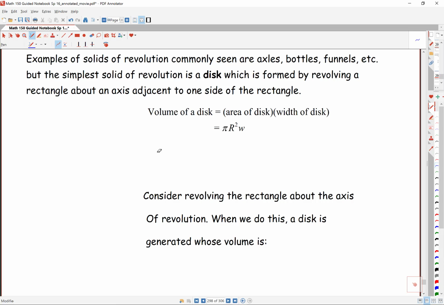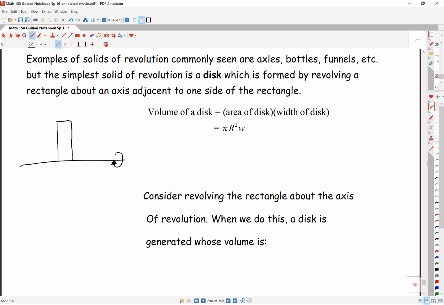All right, so here we go. Let's say that we have some sort of axis that we're revolving about. So this axis is our axis of revolution. We have a horizontal axis of revolution. And what's going to happen is you're going to have your representative rectangle, just like you've had before with the area between curves.